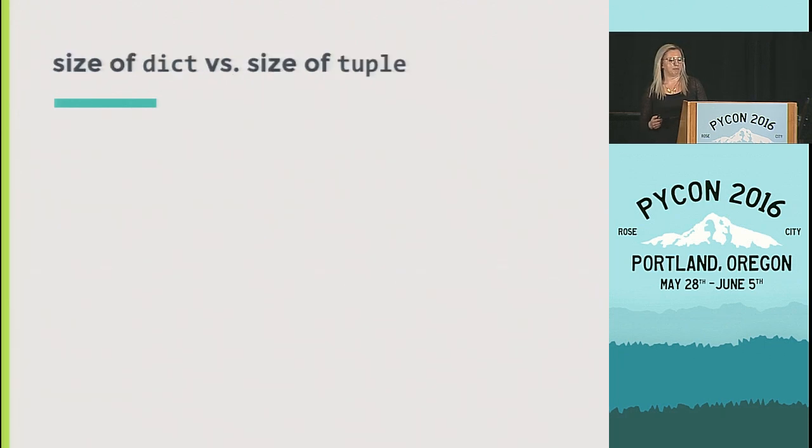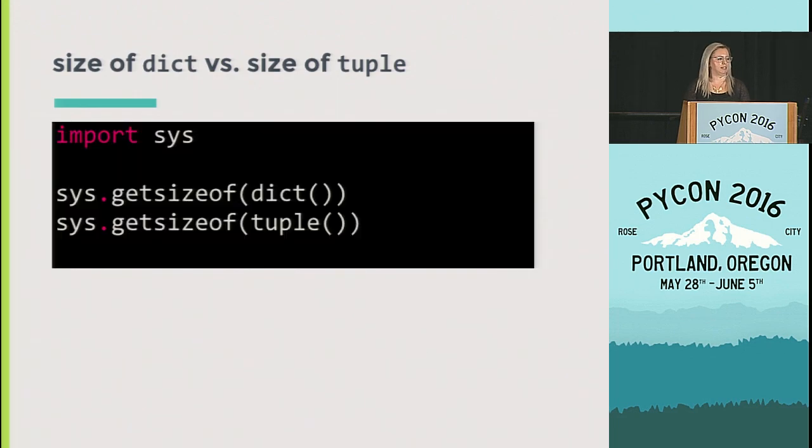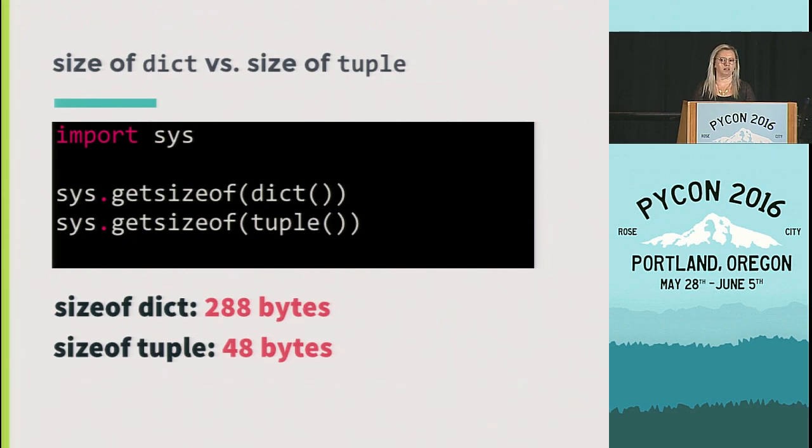Now, why is this important? Well, let's take a look at the size in memory of a dictionary versus a tuple. We can use the getsizeof function to return the size in bytes for built-in types. So the size of a dictionary in bytes is, in my implementation of Python, 288 bytes, but the size of a tuple is 48 bytes.